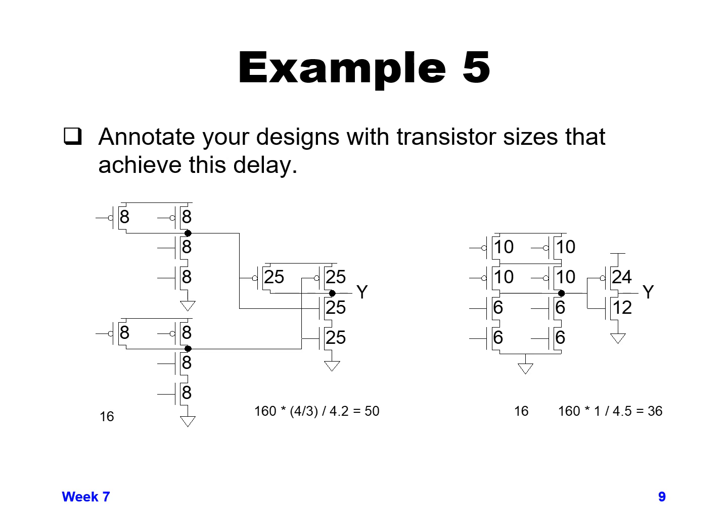So we take 1 over 4.5 times 160, and we get size 36. So 36, when we have a 2-to-1 ratio of PMOS to NMOS, comes out with PMOS size 24 and NMOS size 12. That's how we would calculate it for each of these two different designs.